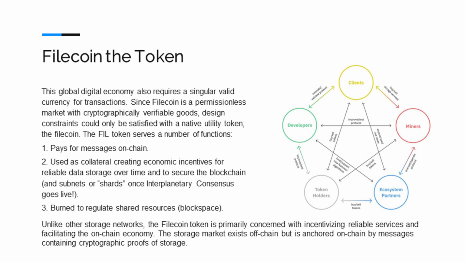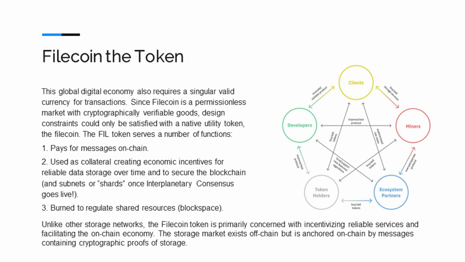Unlike other storage networks, the Filecoin token is primarily concerned with incentivizing reliable services and facilitating the on-chain economy. The storage market exists off-chain but is anchored on-chain by messages containing cryptographic proofs of storage.